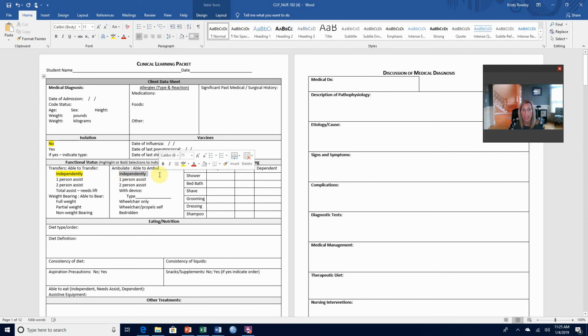So it should be fairly easy to follow. If they're independent, they can go through and do that. All of these need to be filled in, so we don't want them leaving any blank spaces anywhere. For the last date of the shingles shot, if they can't find it, they just need to put NA or information unavailable.